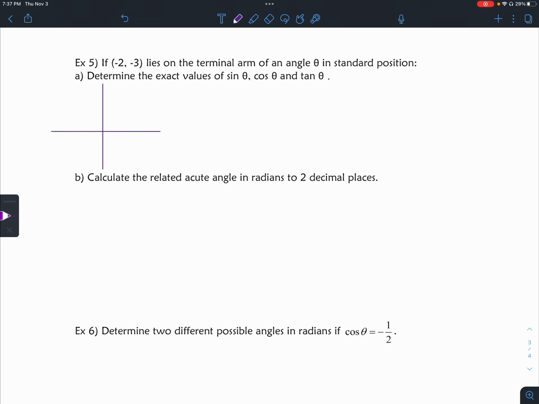So x is negative 2 and y is negative 3. We're going to put a point down at negative 2 and negative 3, and draw the terminal arm. And so that's our terminal arm.